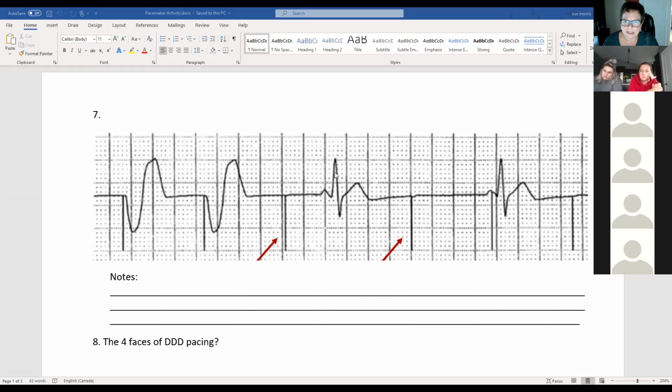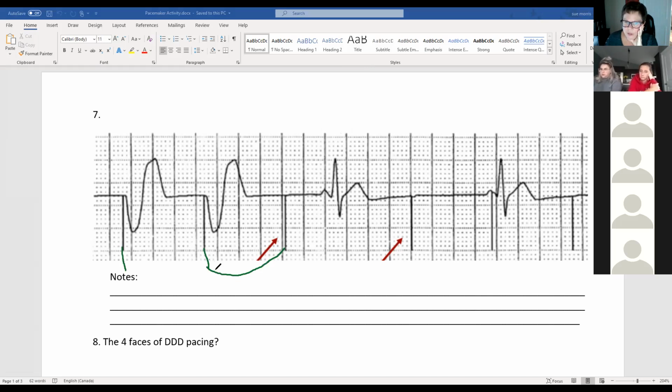Then I had an intrinsic beat, so my pacemaker would have said, oh, I sense this guy, and it reset its timer. If you took a pen and marked this beat and this beat on a piece of paper and moved it, you would see that this one came in at the right time.